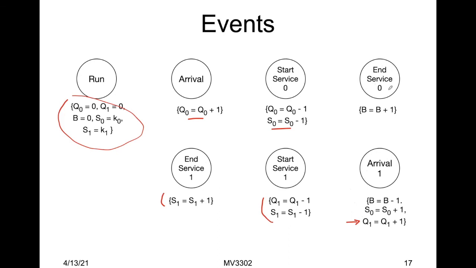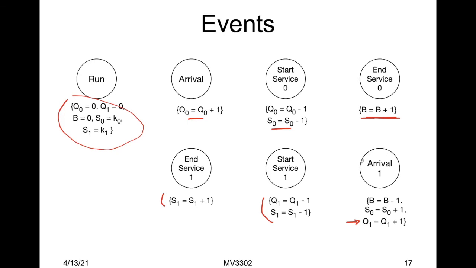So what we're doing here is when we end service at the first workstation, we're going to start off by being blocked. We're not going to assume that that part can move off. We're just going to say, okay, you're blocked for now.